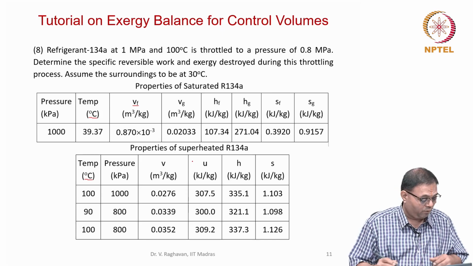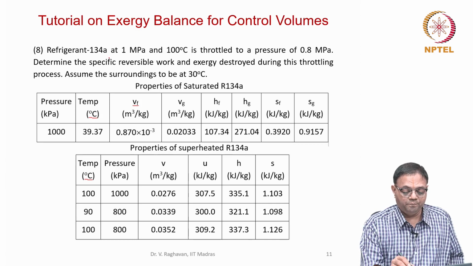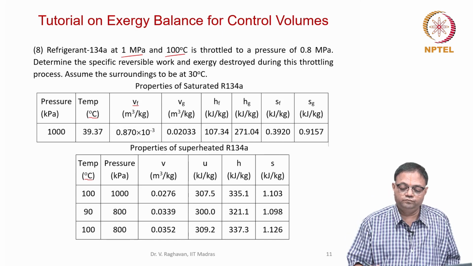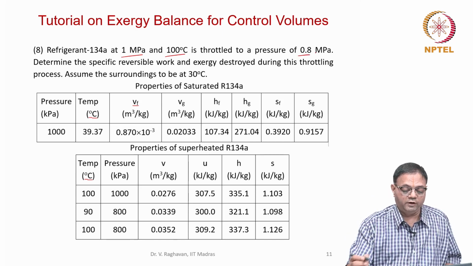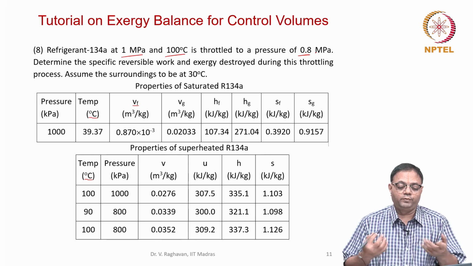Then the 8th problem is refrigerant 134A at 1 megapascal and 100 degrees, throttled to a pressure of 0.8. Here this throttling process is assumed to be adiabatic.